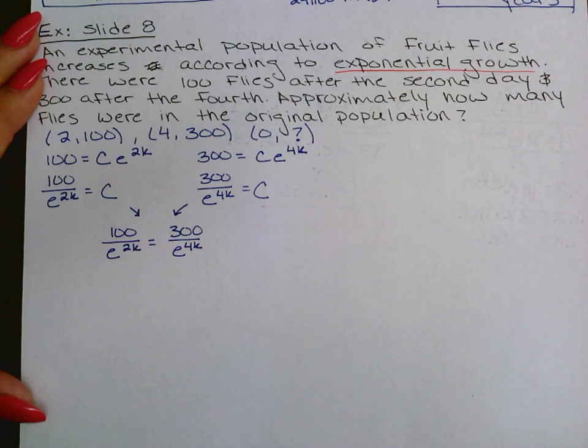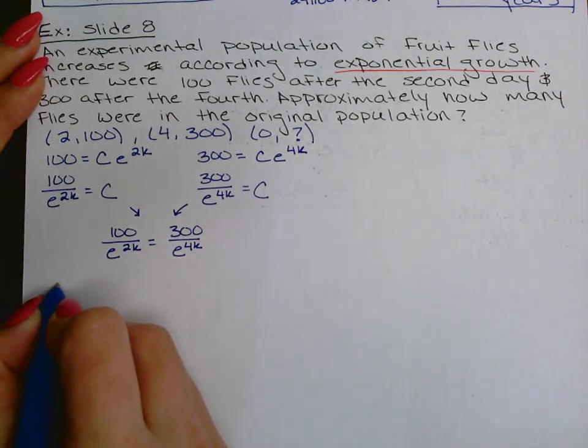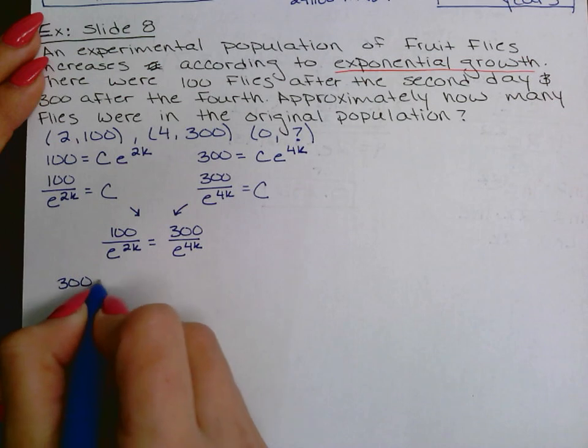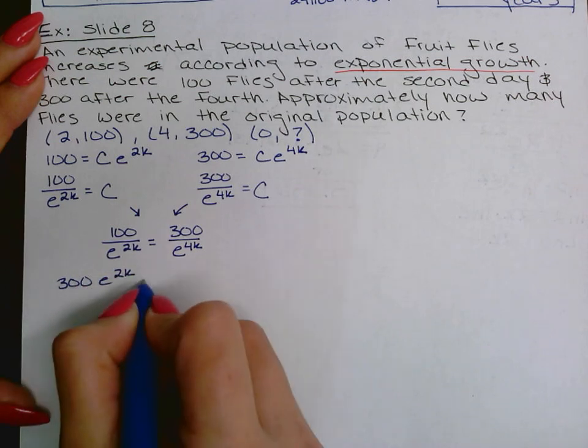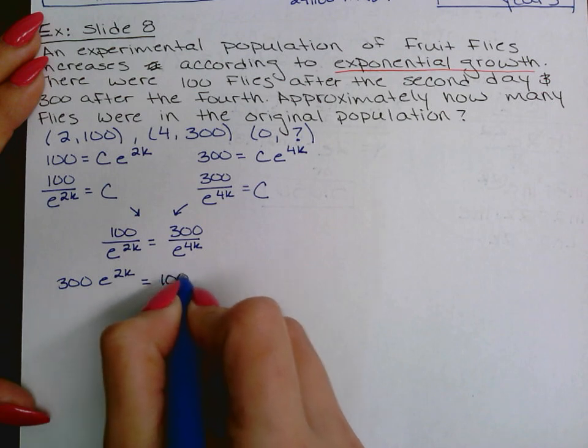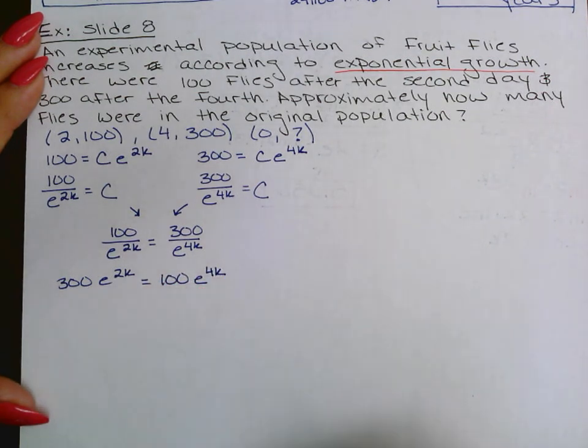And at this point, I could do some cross multiplication and solve for K. So if I cross multiply, I get 300 e raised to 2k equals 100 e raised to 4k.